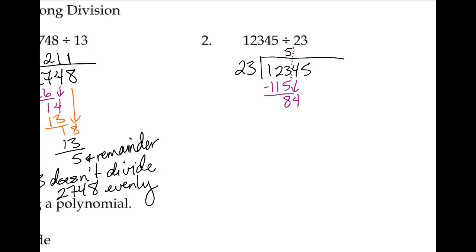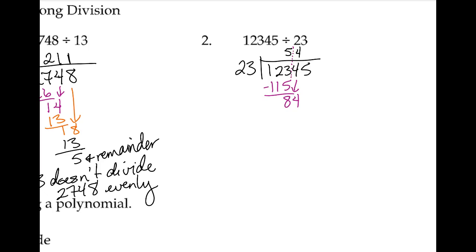Okay, 84, I would expect this to go in 3 times. Oh, and you know what? I'm looking at this, and I think it's actually 4 times. So there's a little bit of guess and check involved.